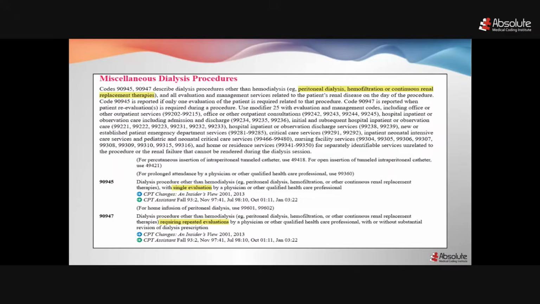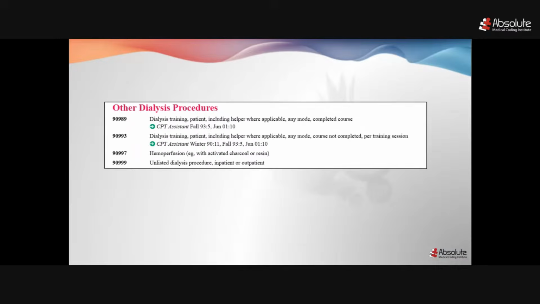great. So next, finally, we are coming to the other dialysis procedures, the ones that don't fall under standard hemodialysis or peritoneal dialysis codes. So here we have code 90989. That is for dialysis training, patient, or if applicable, the helper, and any mode, completed course.